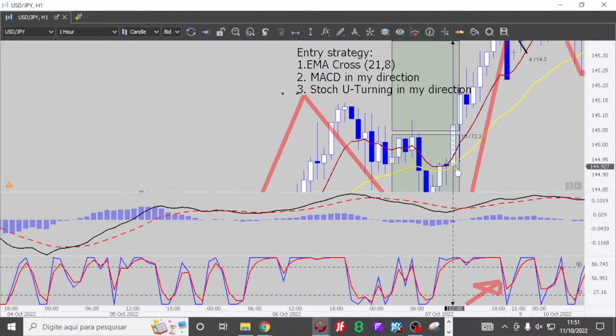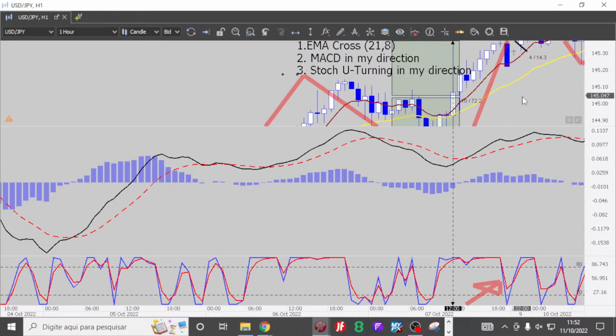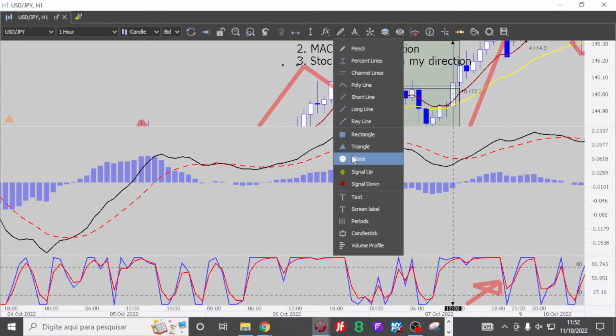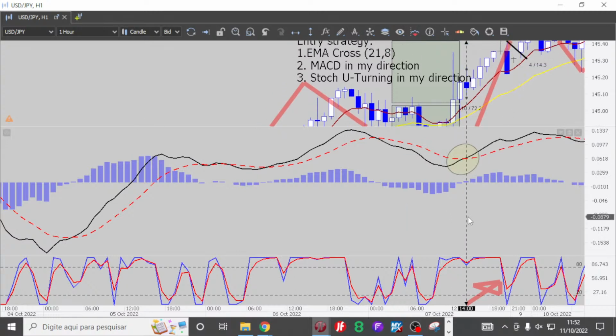So EMA cross in their direction, yes it is. MACD in my direction. MACD at the moment of the previous 2 traders, MACD was down, but then MACD changed, right? So he would enter not at the same candle, but on the next candle. So maybe not this one, this one. So here we have a signal from MACD, but stochastic again would be a problem, because stochastic is in the sell zone.